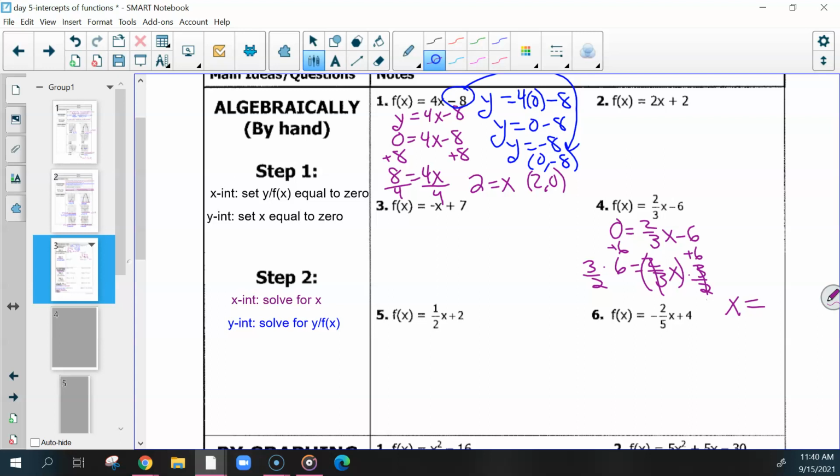Nine. This would be 3 times 6 over 1, so 3 times 6 is 18, 2 times 1 is 2. 18 divided by 2 is 9, sorry. So our ordered pair would be 9, 0.